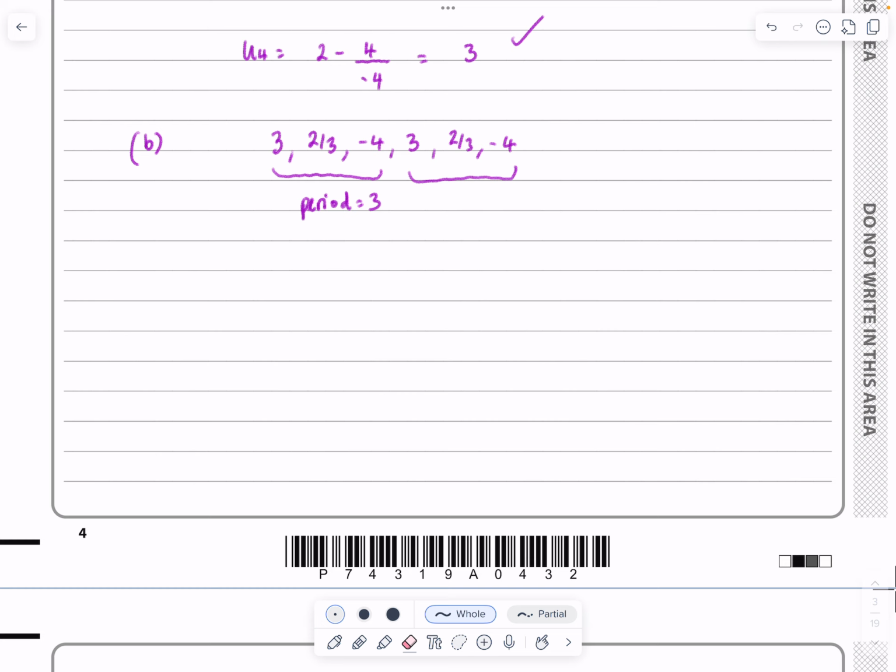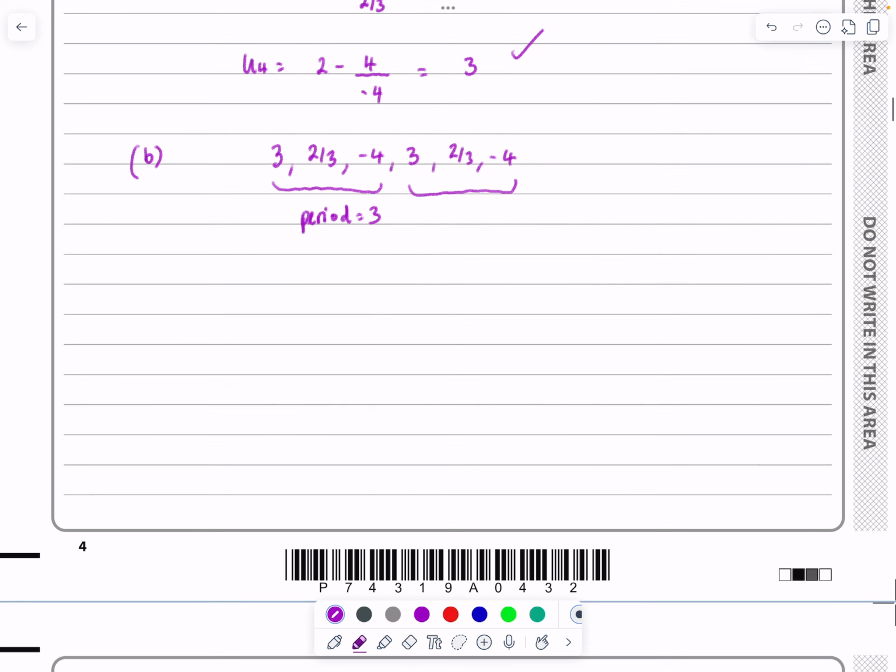Let's explain it to the examiner though. So if I'm going to be doing this, first thing I would say is, yeah, the sum from R equals 1 to 100 of UR is equal to U1 plus U2 plus U3 plus and so on until we get up to plus U100.